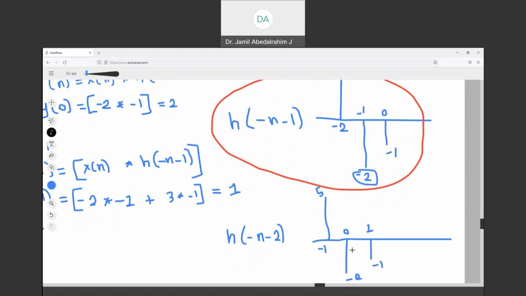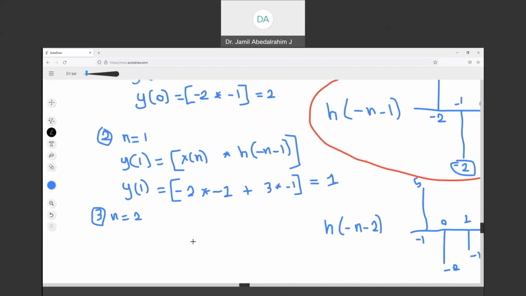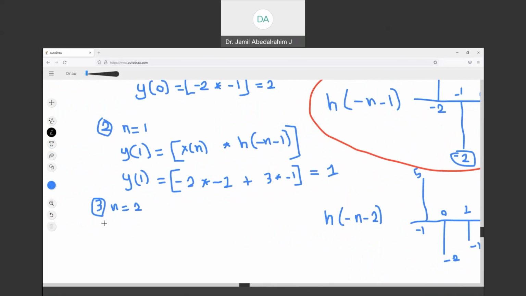So this is our h of negative n minus 2. So now we need to find y of 2.